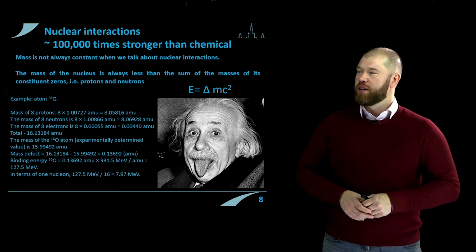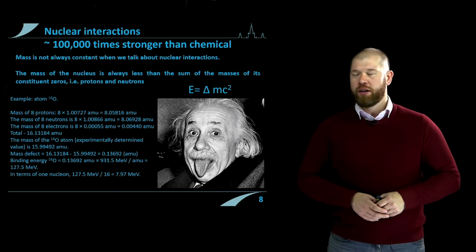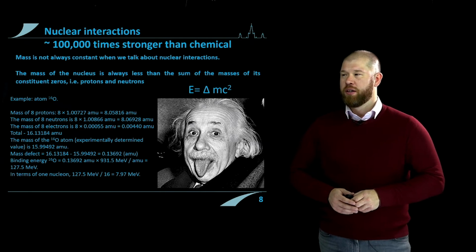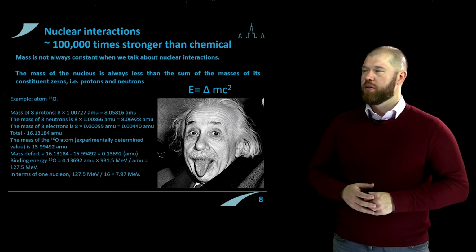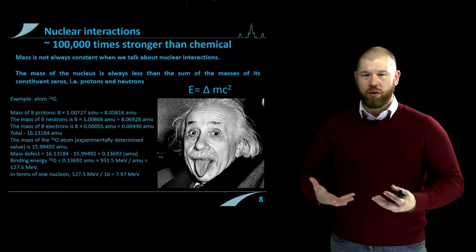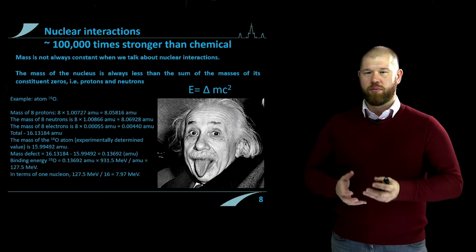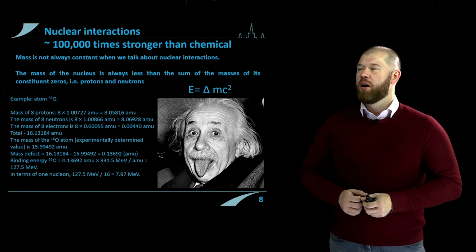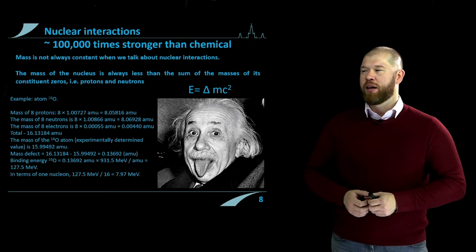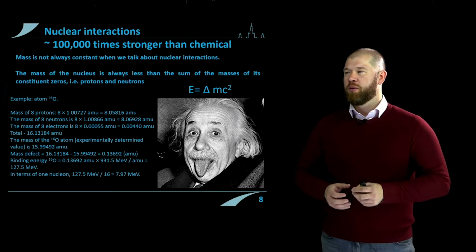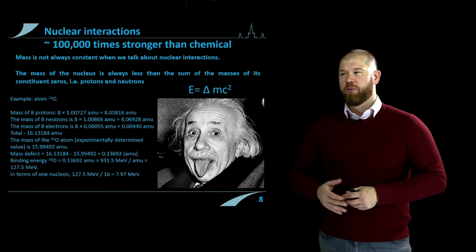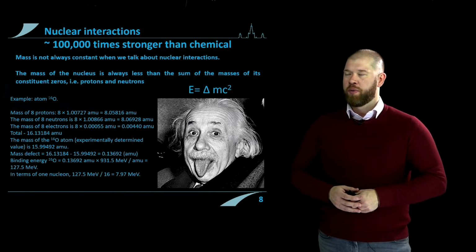And this number is equal to 127.5 mega electron volts. And if we divide it by the number of nucleons inside the nucleus, meaning the sum of protons and neutrons, we will obtain a number around 8 mega electron volts per nucleon. Is it a big value or a small value?